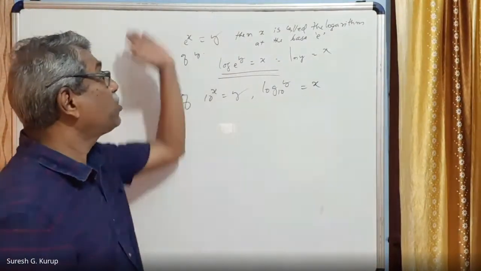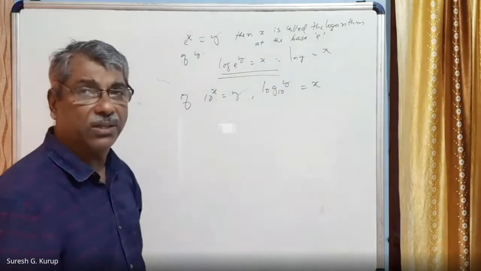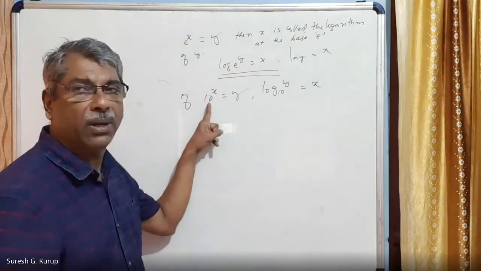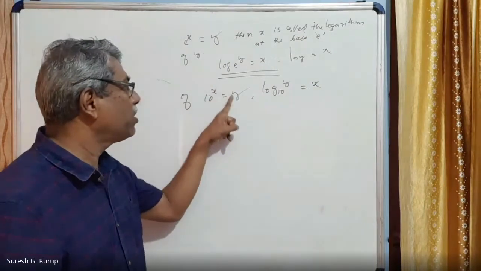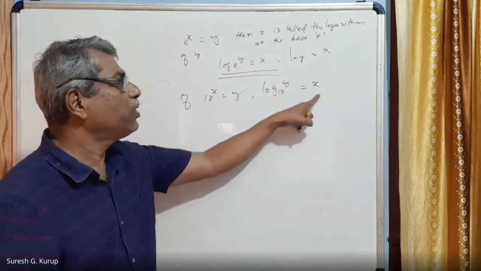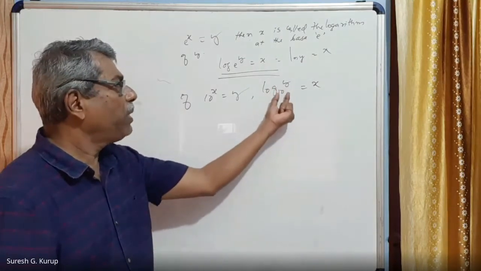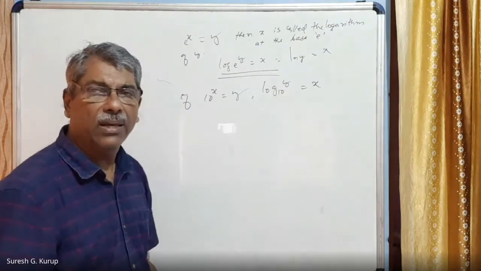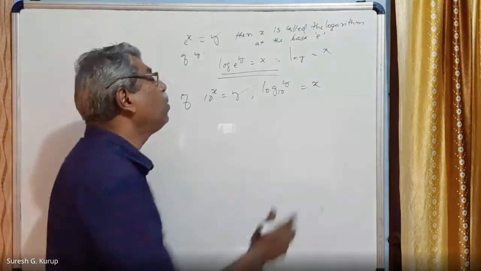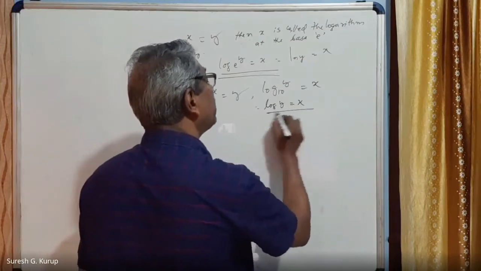e^x = y, then log y is equal to x. In the place of e, we are putting a constant. 10^x = y, therefore log y to the base 10 is equal to x. When the logarithm of any quantity to the base 10 is written, it can simply be written as log y equals x.